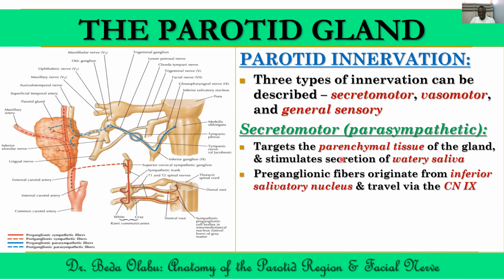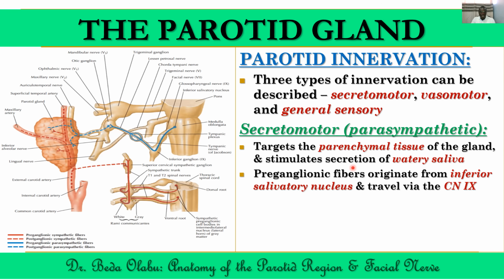Because they are parasympathetic, remember that the peripheral elements of the autonomic division of the nervous system consist of a preganglionic and a postganglionic neuron. The preganglionic fibers that go to the parotid gland come from a nucleus within the brainstem that we call the inferior salivatory nucleus.